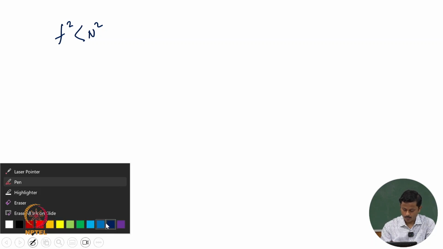In almost all cases, we will always have f squared less than N squared. This is always the case, and this is what we will keep in mind.